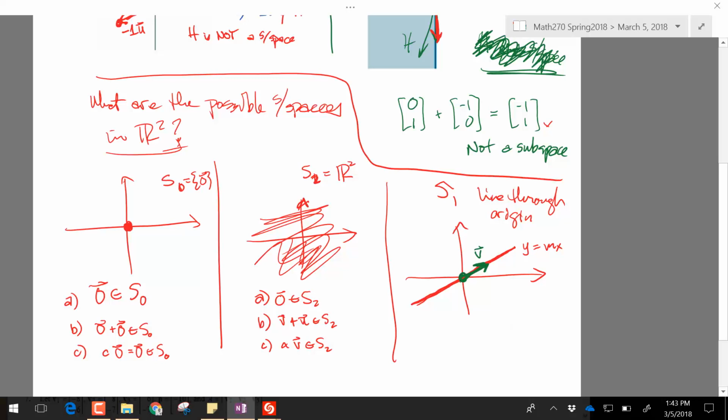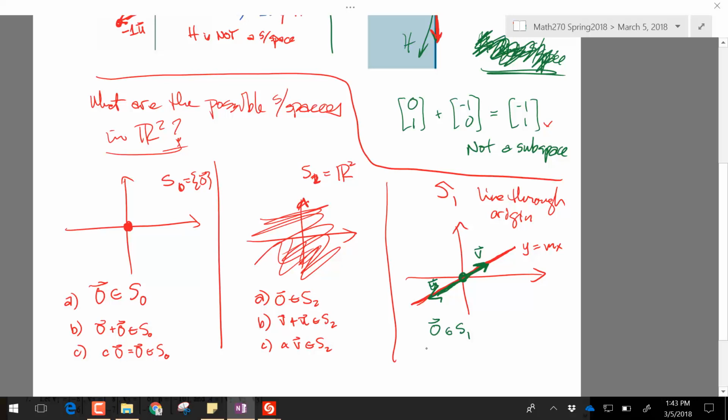So if we take another vector u, then u and v are scalar multiples of each other. So first of all, since it passes through the origin, the 0 vector is in the space.